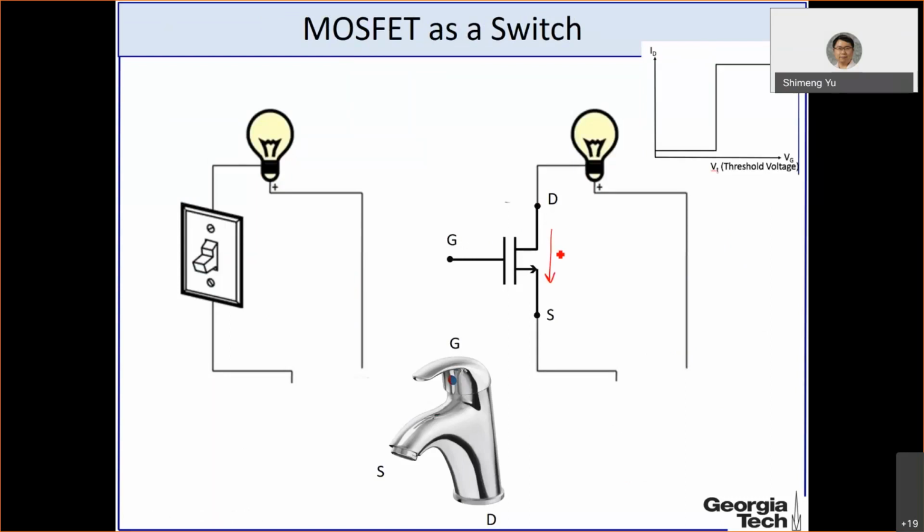Let's say this is an NMOS. The current flows from the drain to the source. But actually, the electron flow is opposite to the current. So the source provides electrons, and the electrons flow to the drain, or sink to the drain. That's why this is called source and drain.